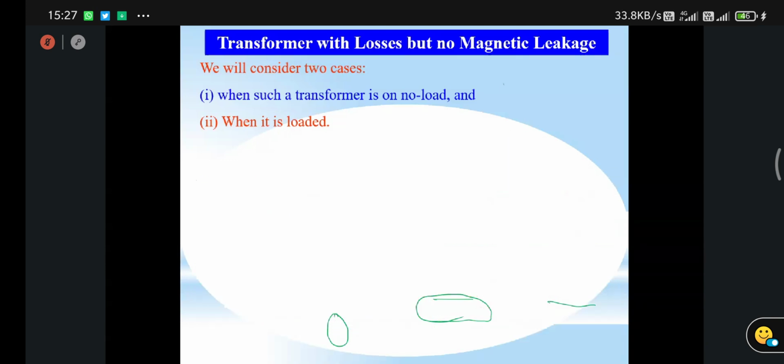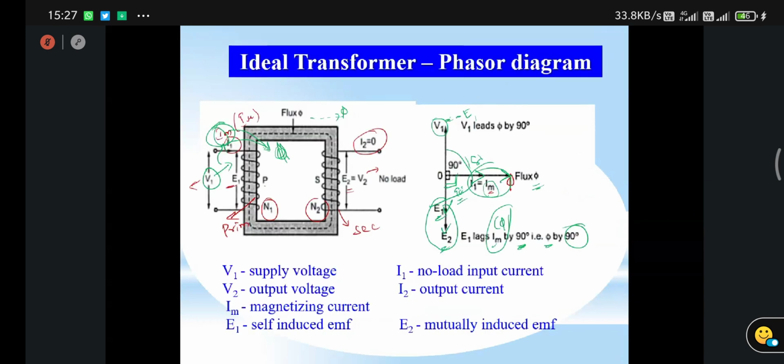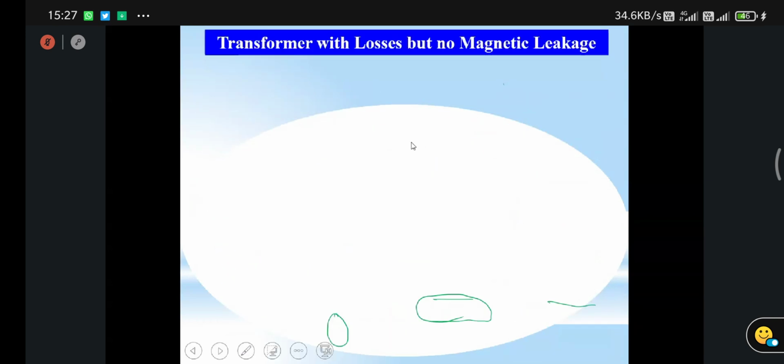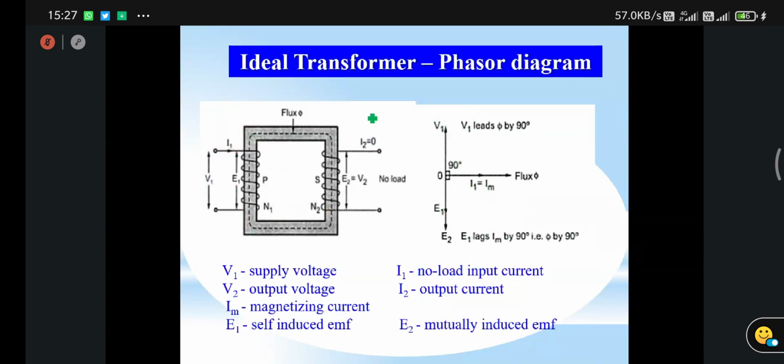So the same thing I am going to take here. This also comes under the practical transformer. You can see it is the same thing here, but don't get confused.